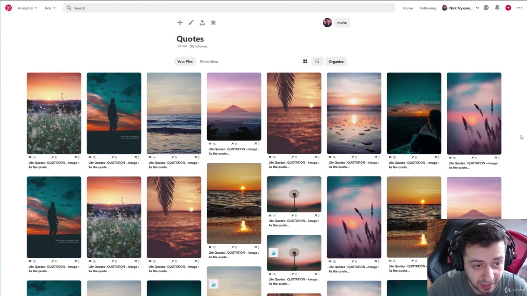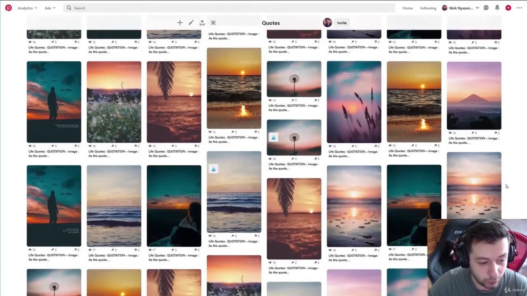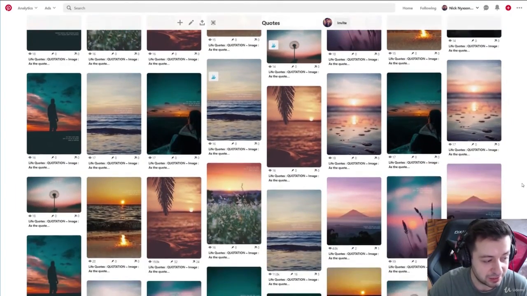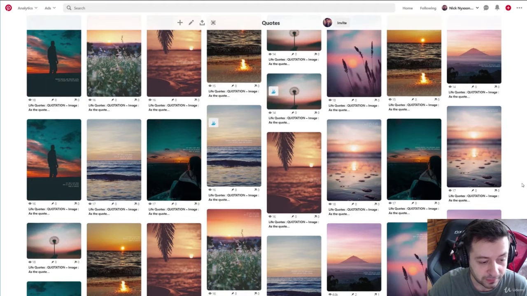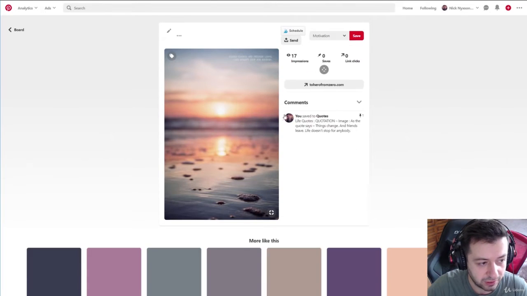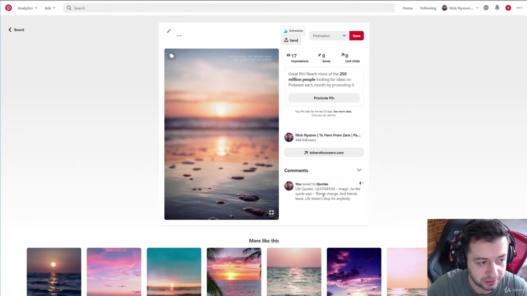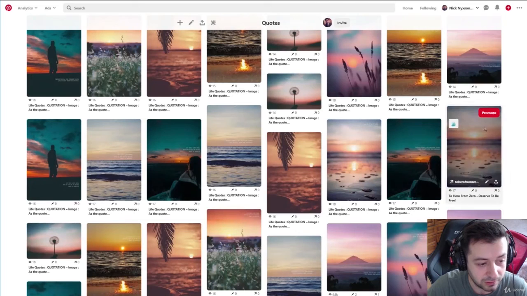So what happened was that with A/B testing, it turns out that some of the pins are just not getting views because of the quotes, because of the actual text. When you open there, you have an actual text like right here, like a quotation and stuff. So some of them are not getting views because of the text itself.